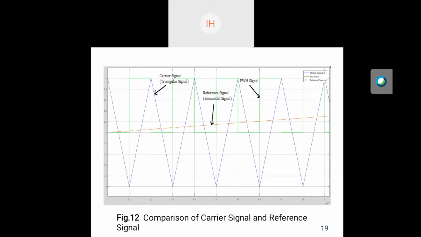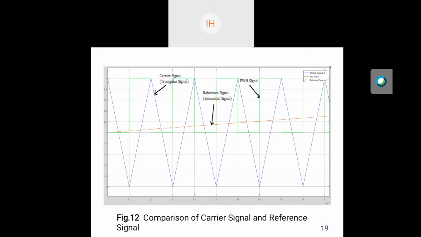So here the comparison of carrier signal and reference signal is shown. The carrier signal, that is triangular signal, and the reference signal, that is sinusoidal signal, are compared, and when this carrier signal will be more than reference signal, then we will get PWM output with high value and low value when it is less.